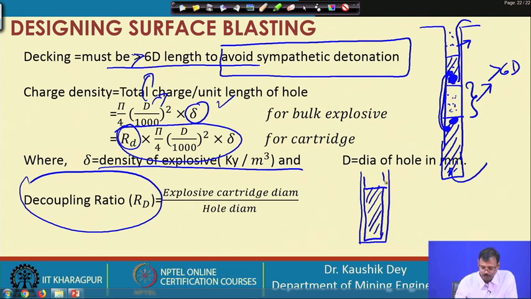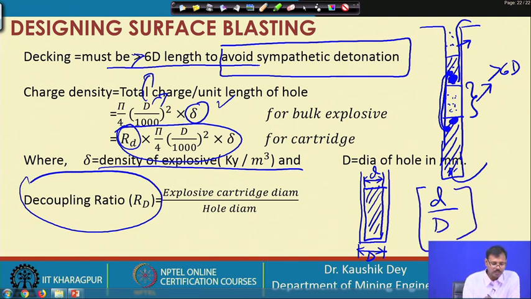This is the diameter of the cartridge. This is the hole dia. So, basically d by D is the decoupling ratio, which is considered here as the charge density. So, for cartridge explosive, this is the linear charge density, and this is the linear charge density for the bulk explosive.